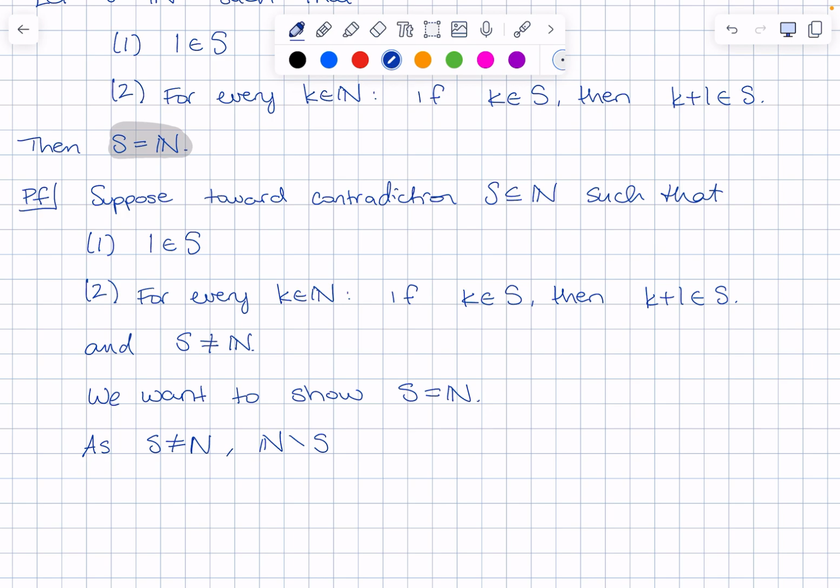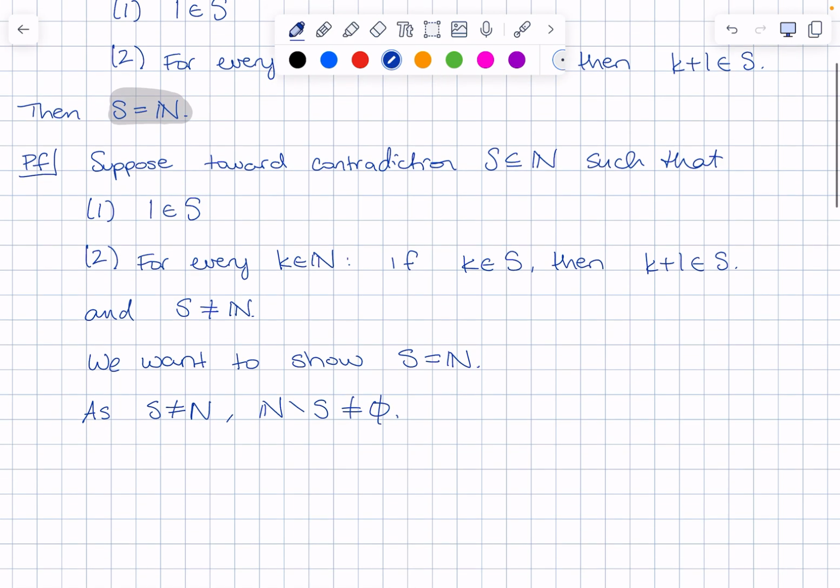So as S does not equal the set of natural numbers, we know that the set of the naturals take out the elements in S is what? Not empty. Okay, so now this is a subset of the naturals. So what does the well-ordering principle give us?